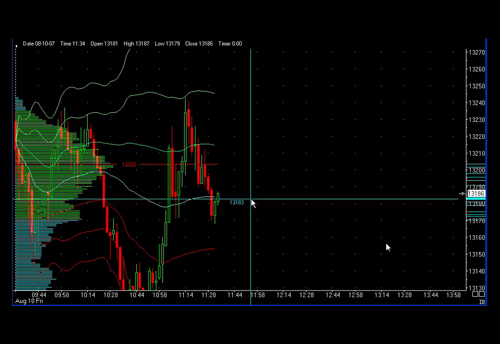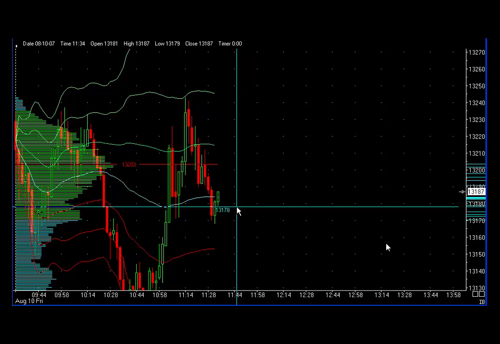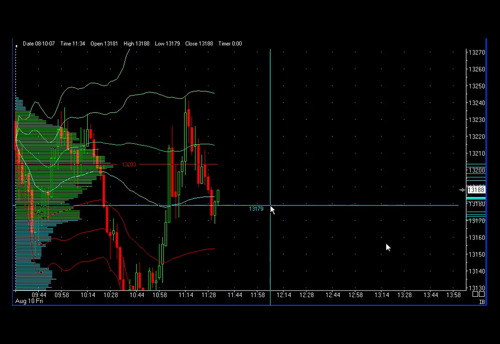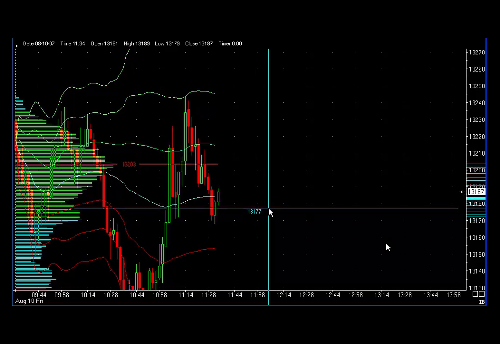Okay, so we have an up bar, another up bar, and now we're going to wait for a down bar. And the down bar has to break 13,178. So if we get back to 13,178 and below, or 13,177, we'll pull the trigger to the downside.